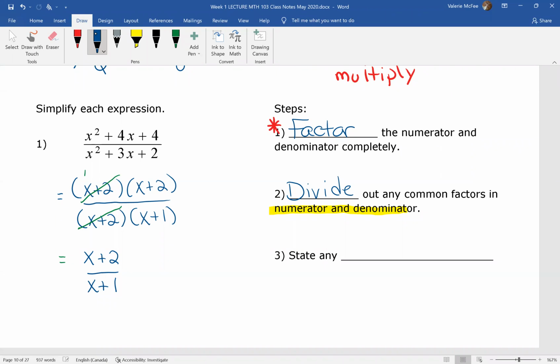I don't think Pearson asks for the restrictions, but we're going to practice finding them. What values of x are not permitted? Well, it's pretty easy to see here that x cannot equal -1 because x plus 1 cannot equal 0. But it's not enough to only look at our finished answer.